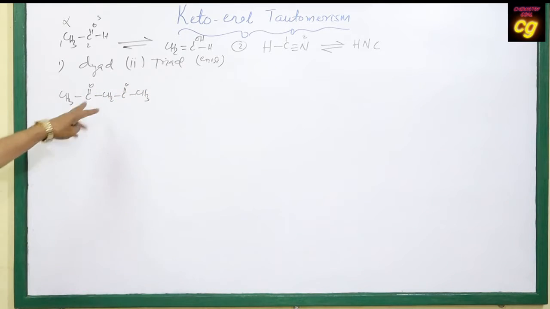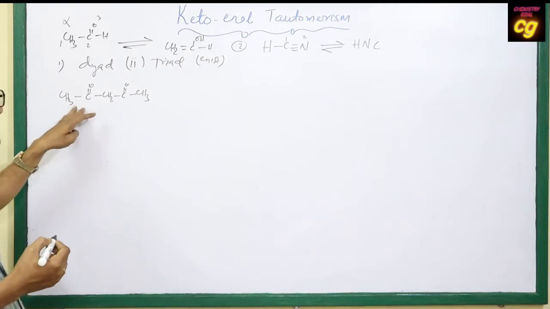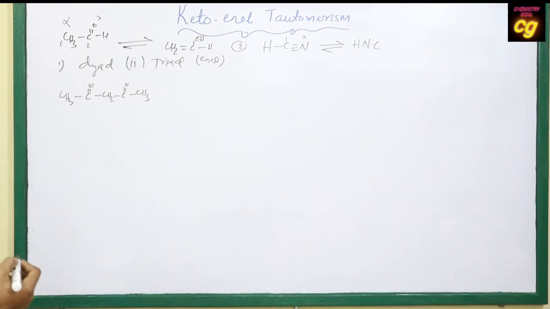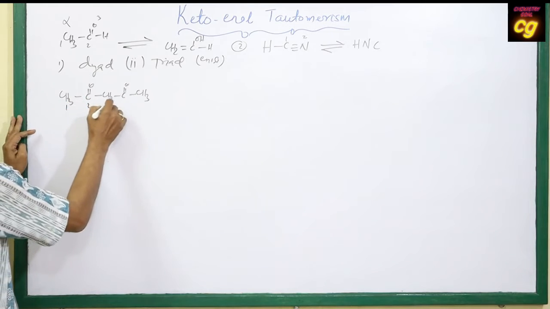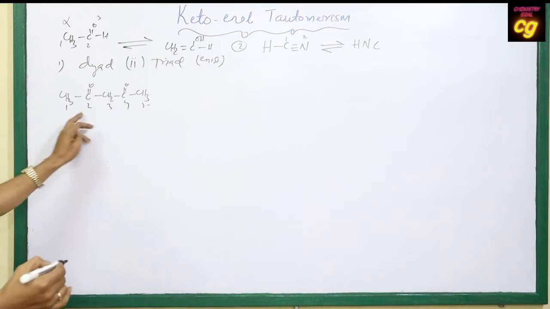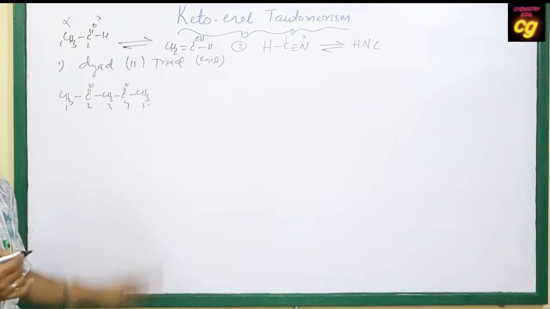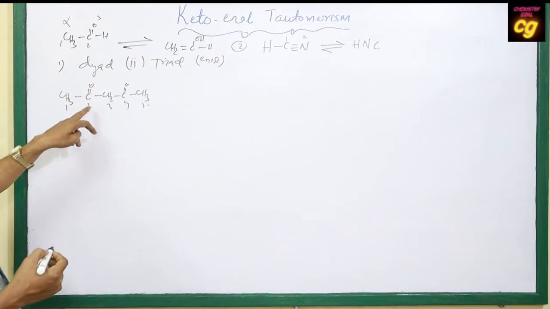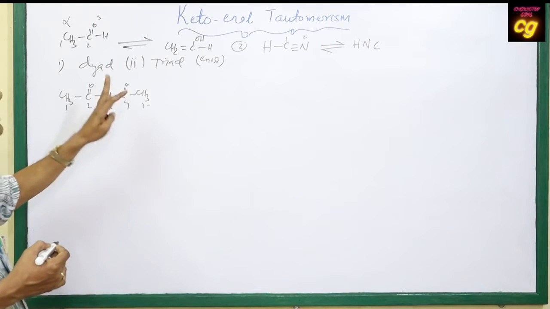This is also an organic compound, numbered 1, 2, 3, 4, 5, pentane-2,4-dione.